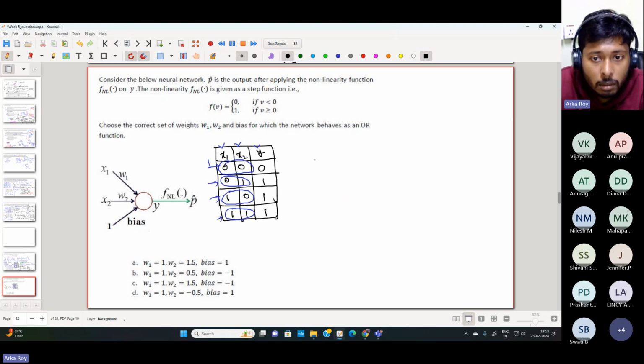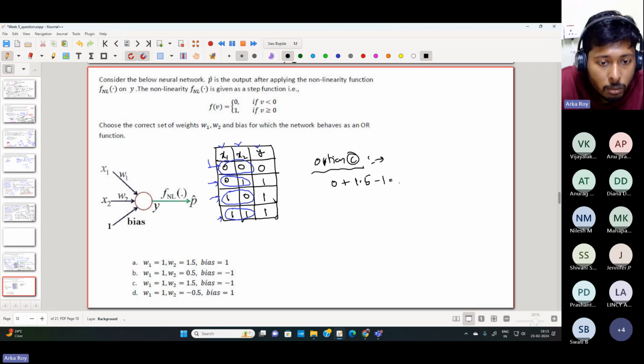Case 2 is 0 plus the weight 2, that is 1.5, minus 1. So you are getting 0.5 over here. 0.5 is greater than 0, so you will get 1.